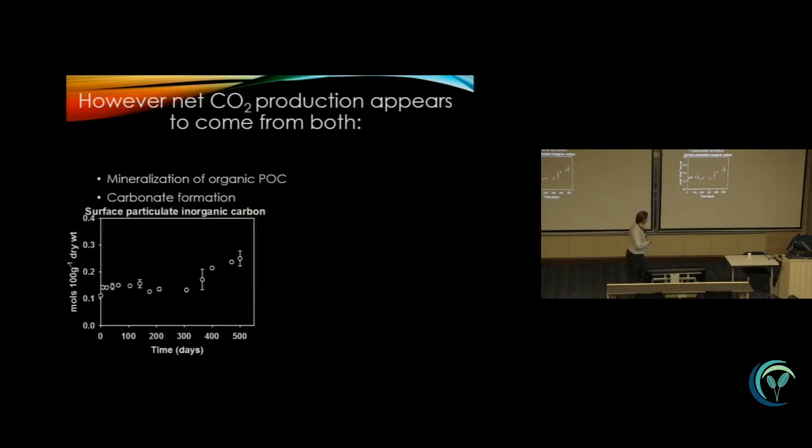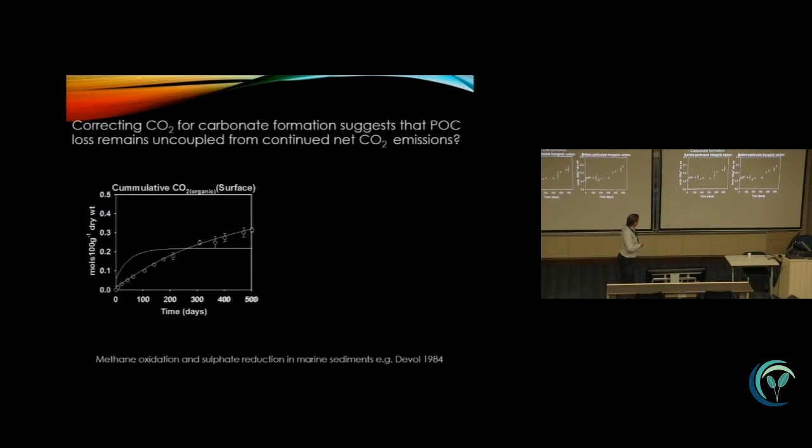On the other side of things, when we looked at the carbonate, we find that we're actually getting carbonate formation. And so we then had to do correction for the CO2 we got from the soda lime, and you can see that the organic component did not agree with the CO2. So it's decoupled. So if you're looking at disappearance of organic carbon, it may not give you the results you want in sequestration.